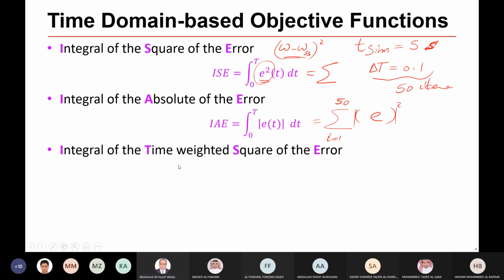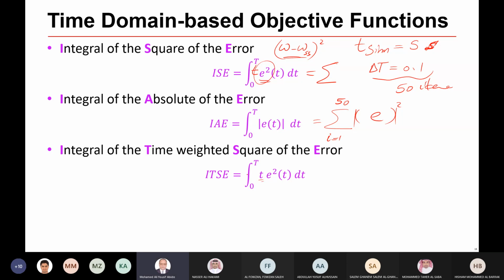Another is to incorporate the time here. You get the integral square of the error again, similar to this one, but you multiply this by the time. And this is very important. If you multiply this by time, it means that you will force the response to minimize the settling time as well. Not only the deviation, but also the settling time.